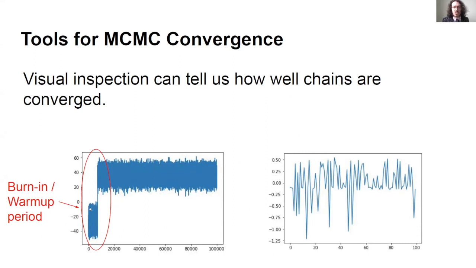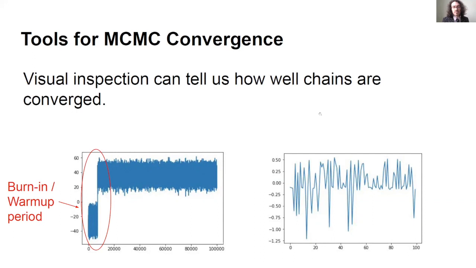Initially you might initialize them poorly, but then you'll relax to the correct mode, and then you get some oscillation around that mode, but then you get reasonable sampling. So I'd say after this point, after what's called the burn-in, or the warm-up in Stan, then you actually have a converged chain.